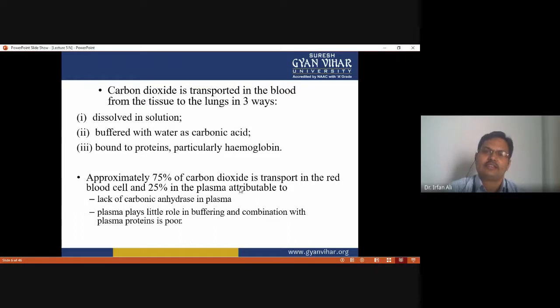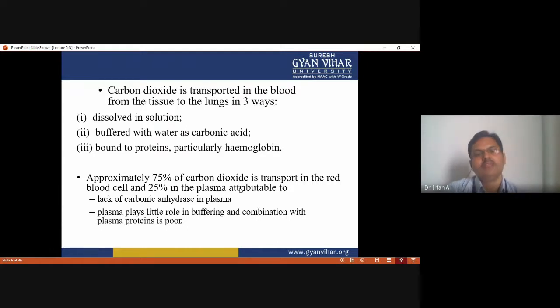Carbon dioxide is transported in the blood from the tissues in three ways. Some of the carbon dioxide is transported in dissolved form, some is buffered with water as carbonic acid, and some is transported in bound form, bound to protein, particularly hemoglobin.